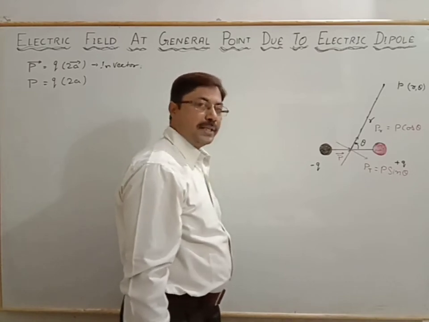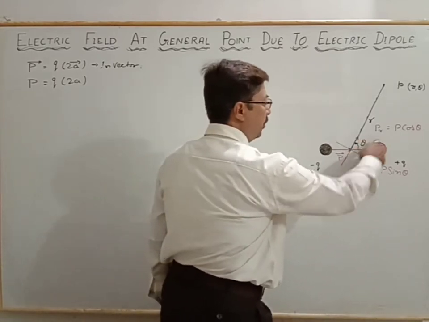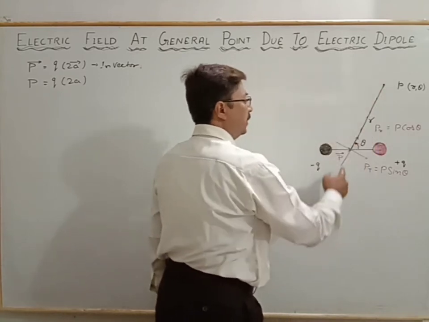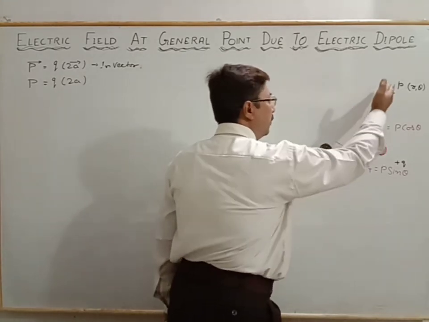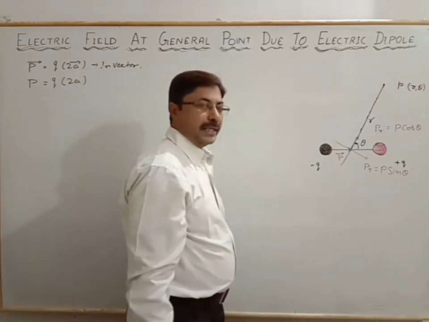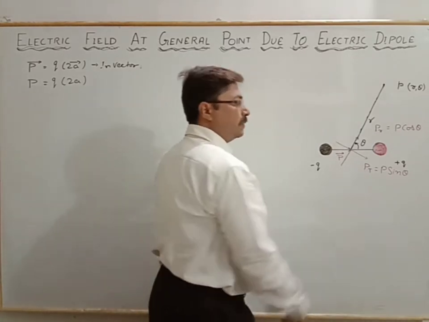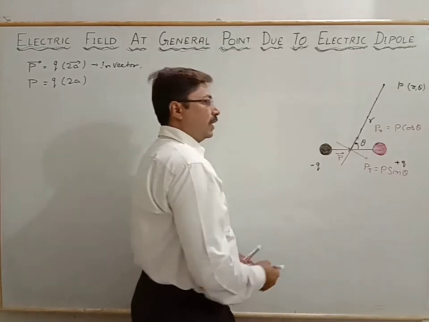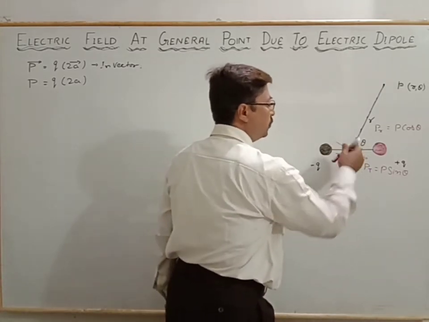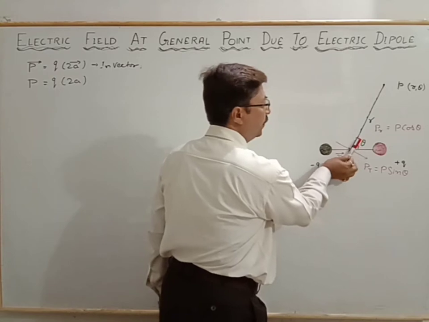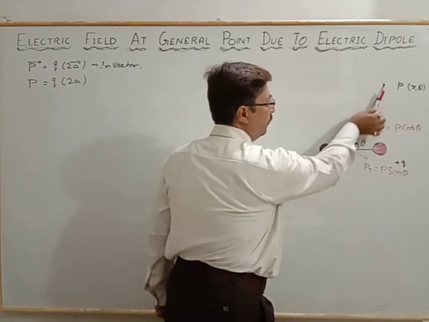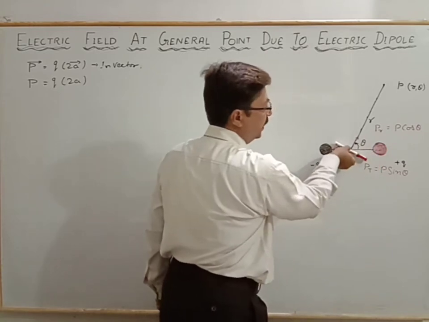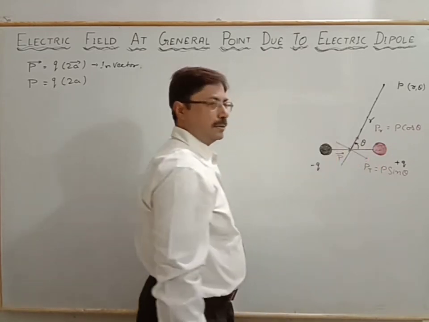And for the transverse component of the dipole moment, point P becomes a point on the equatorial line. That's why we resolve the dipole moment into two components, one along the radial direction to the point, and one along the transverse direction.